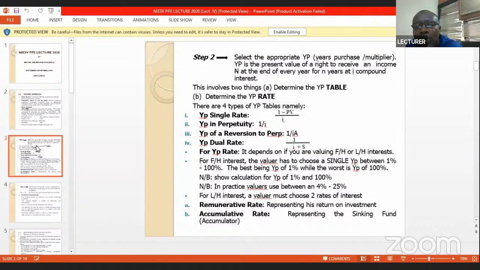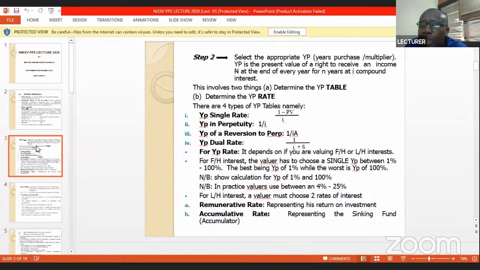So the first situation is when the landlord is collecting full rental value, and you must use YP in perpetuity.